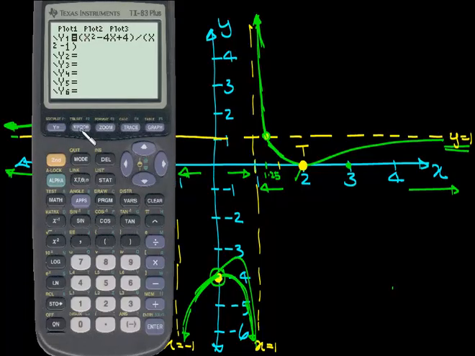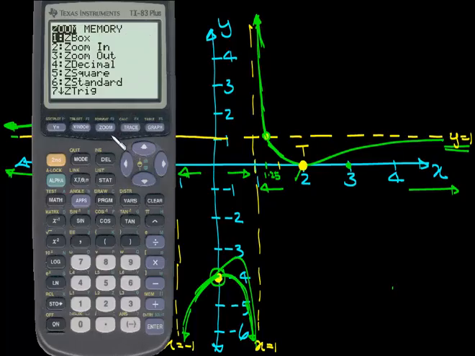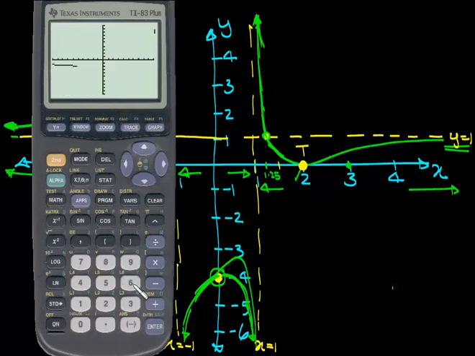Let's just graph this function to see what it looks like. Zoom, standard. So it goes down, that's correct. Then it goes up. There are vertical asymptotes there, so it is coming from the bottom.